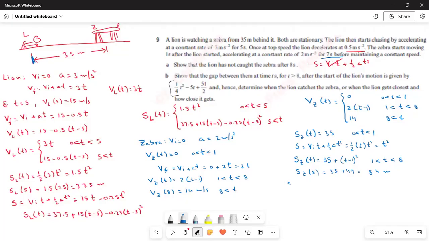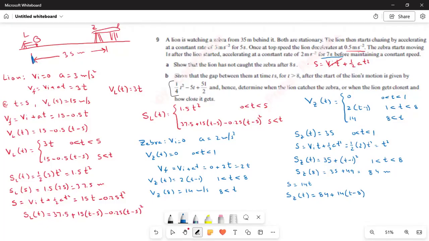So the distance traveled by zebra as a function of time, after 8 seconds, it has already traveled 84 meters, plus 14 times (t minus 8), because now I'm talking time after 8 seconds. Make sense?